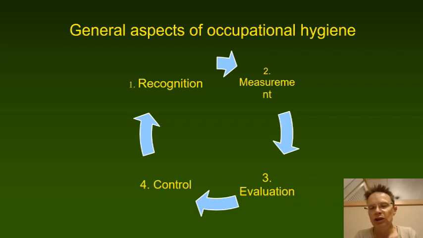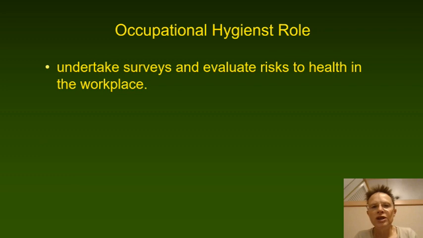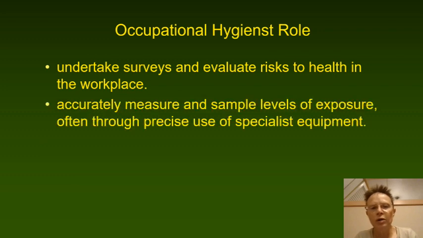The occupational hygienist isn't just taking the measurements though, they should be taking measurements and then giving us some practical control measures and recommendations, things that the employer can do to help minimise the risk from that particular hazard or risk. An occupational hygienist then, they're going to undertake surveys and evaluate risks to health in the workplace.